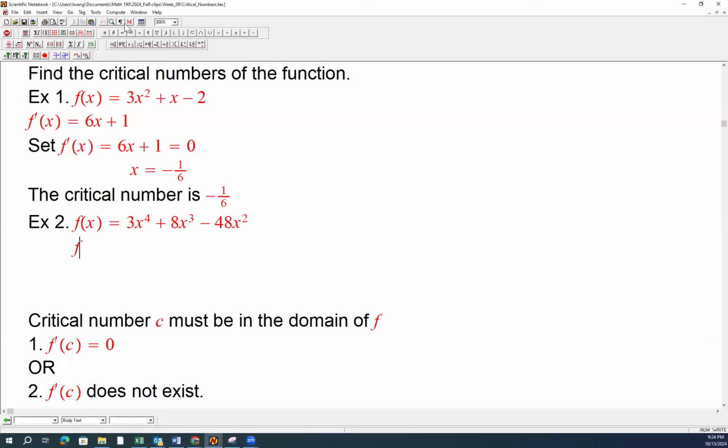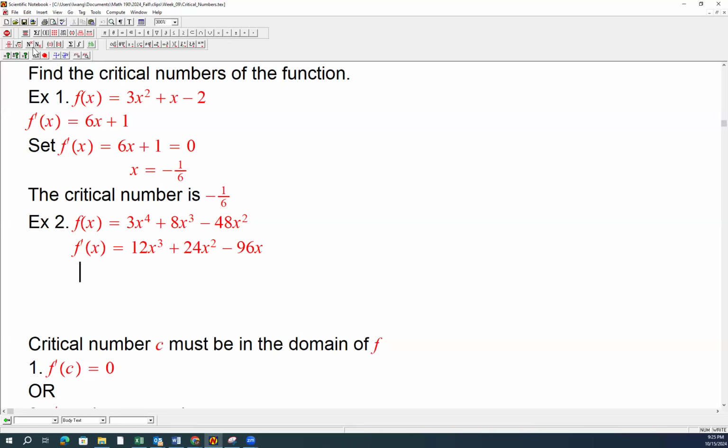So we're going to find the derivative of the function, which is going to be 12x to the power 3 plus 24x squared minus 48 times 2, that's 96x.